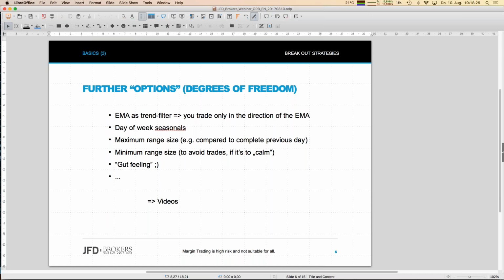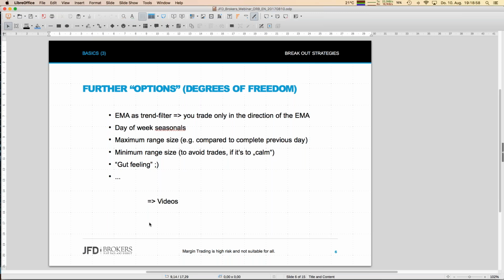One might be that we define a maximum range. So think about, typically you run a strategy with range times from 8 to 10, and then for whatever reason, exactly in that time frame, we have a big move. So we create a quite big range. Then you may think, okay, no time for a breakout scenario out of that even big range.